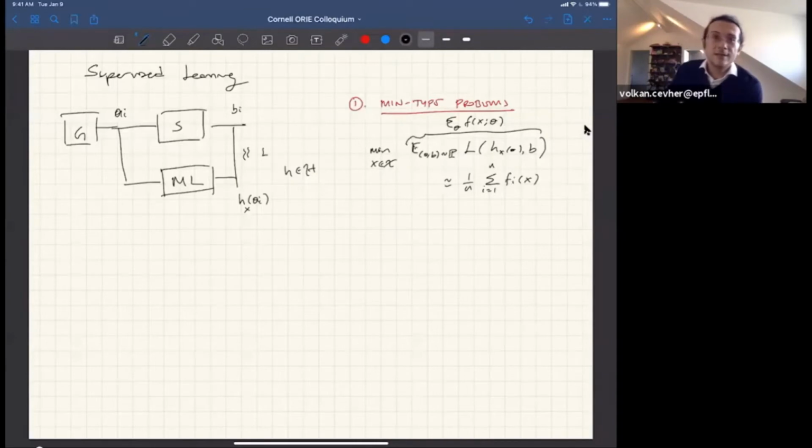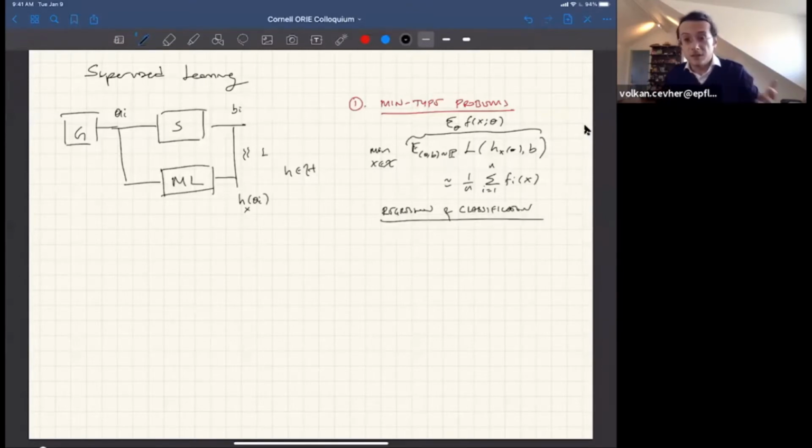Now, this problem captures most of regression and classification. And people made careers out of this formulation, right?